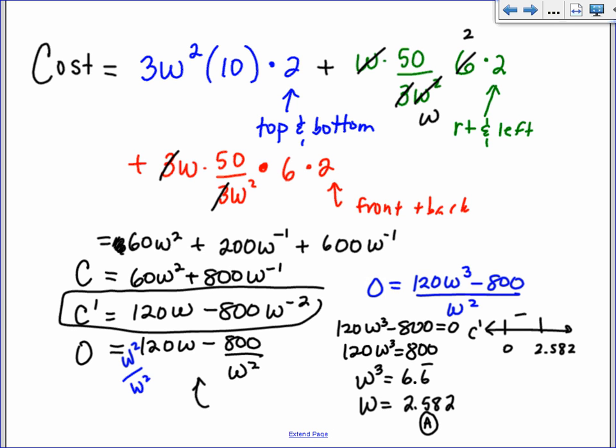Is 0 a critical value for this? Yes. And if I try something like 3, then I end up getting 360 minus 800 over 9, which is going to be positive. So since it goes down and then up, yes, it is a minimum. Wait, is that an arrow instead of a dot? Probably an arrow. Yeah, arrow.